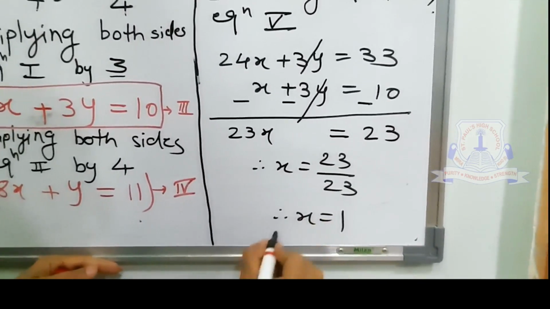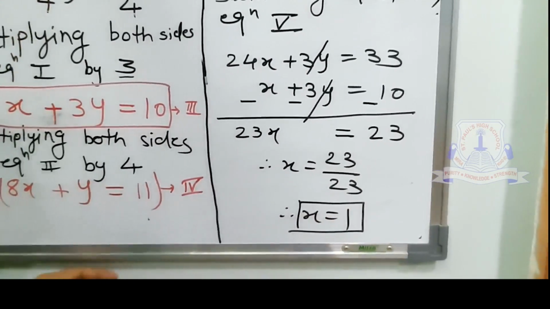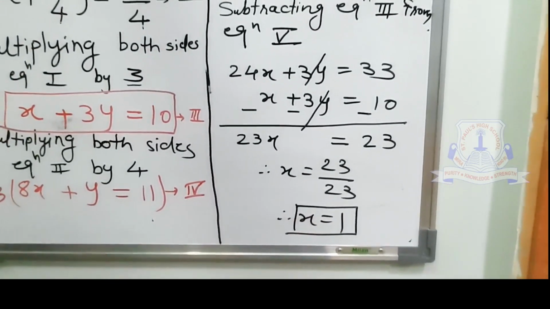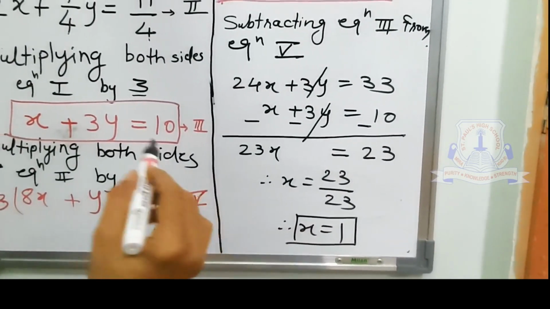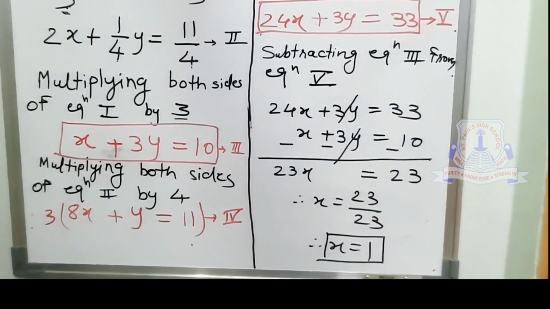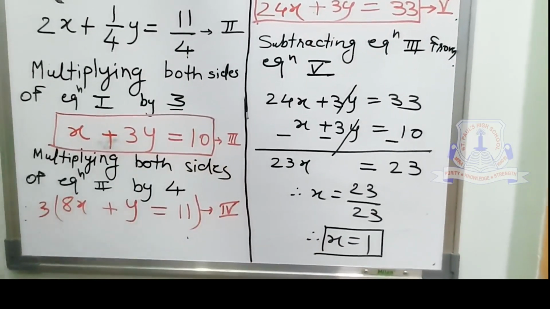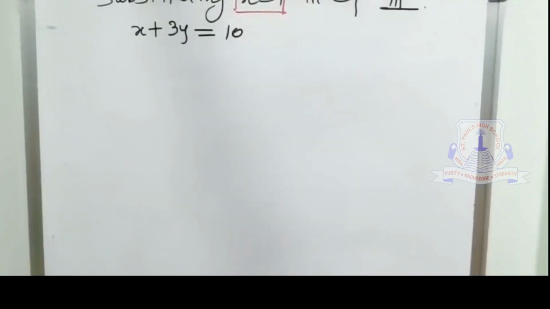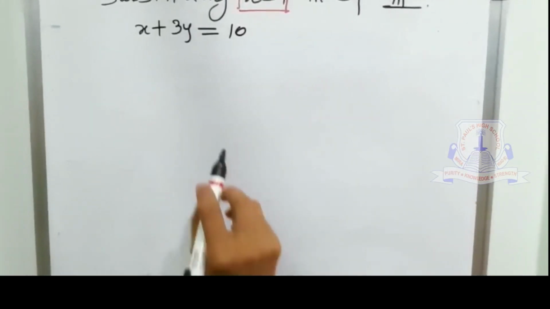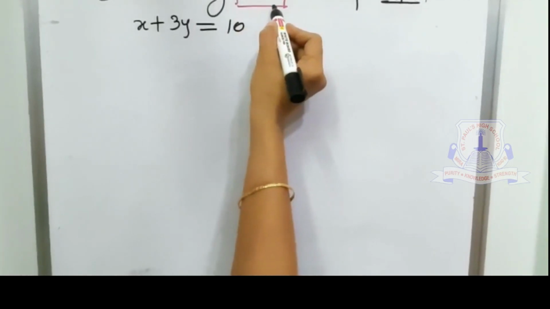Therefore, x is 1. Now this x equal to 1, we need to substitute in any simple equation. So I will substitute in equation number 3. We got x equal to 1.